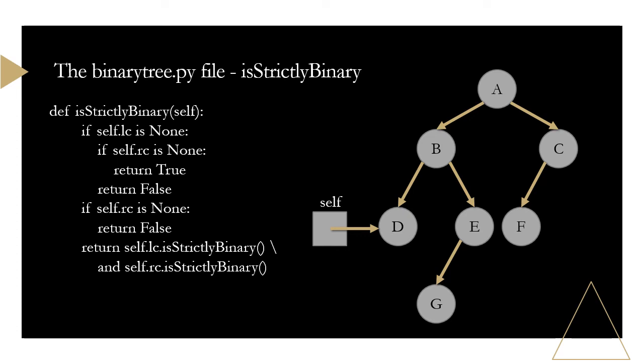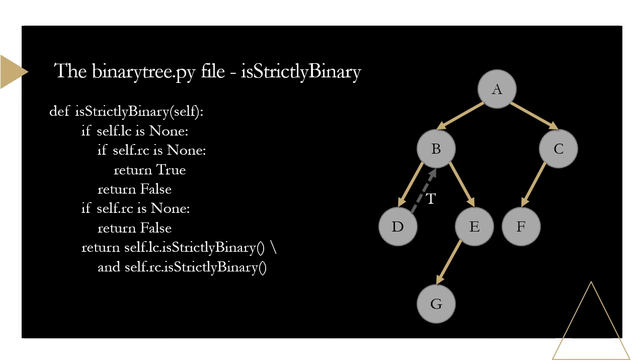Now look at the function and start from the very beginning. Is there a left child for D? No. The first if condition is met. Is there a right child for D? No. The nested if condition is met. So this means that D must return true, which it does.